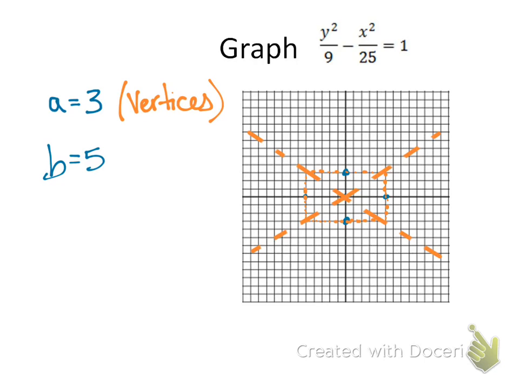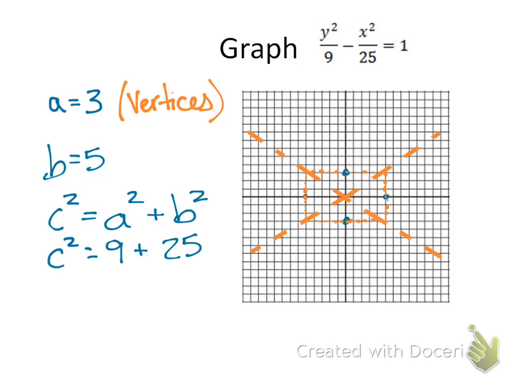We need to find our focus. Our focus is found by taking c squared equal to a squared plus b squared. So our focus distance will be equal to 9 plus 25, or 3 squared plus 5 squared. Nine and 25 get you 34, and taking the square root of 34, it's a little bit below 6.